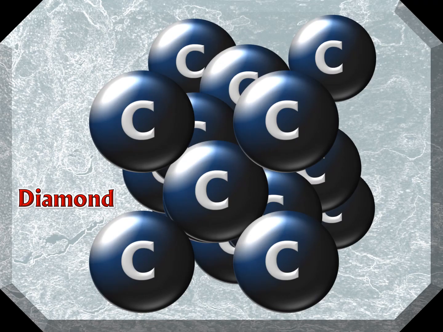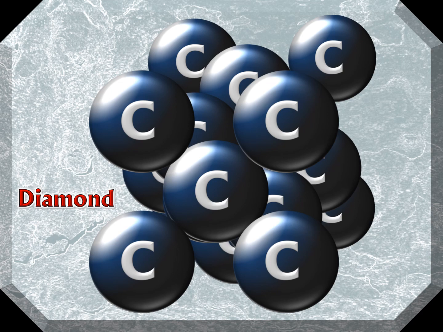Then you've got diamond. Diamond is still made of only carbon, and yet the arrangement is much, much different. It's much more three-dimensional. The carbon are connected with each other in every single direction. And so you wind up with sort of a cubic shape. Depending on how you look at it, you could see it as sort of a block, like a cube.